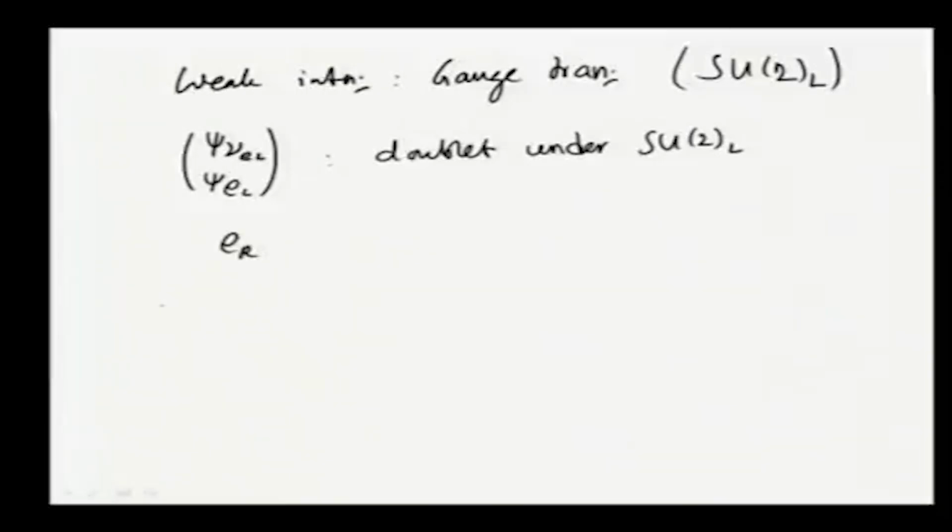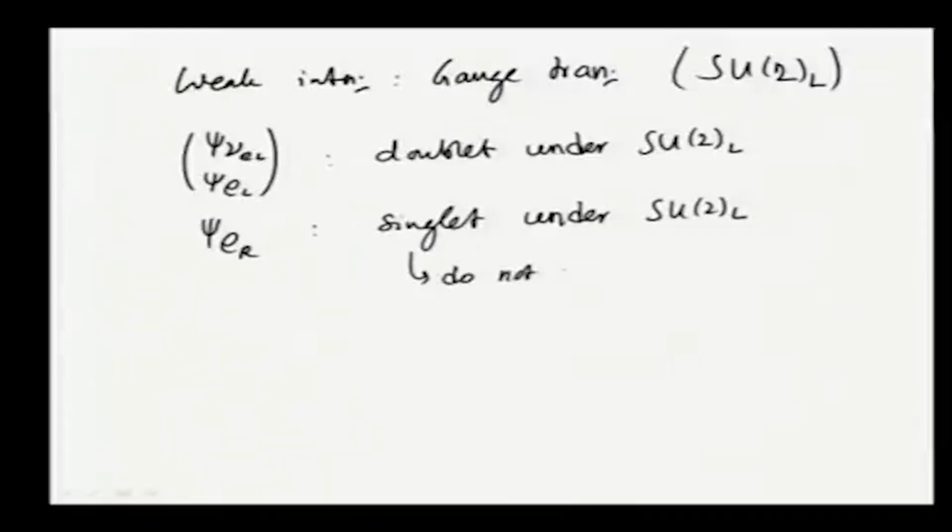Whereas, the right handed field has no such partner and the field corresponding to that is a singlet under SU(2)_L. When I say singlet, it means that it is invariant or does not take part in the interaction corresponding to SU(2)_L, which is weak interaction. This is also similar to the isospin that we had discussed earlier.